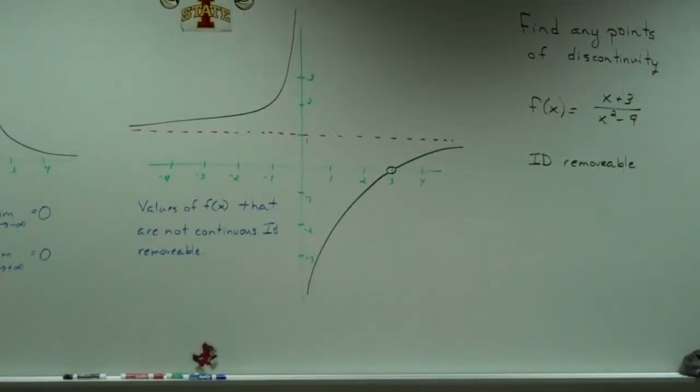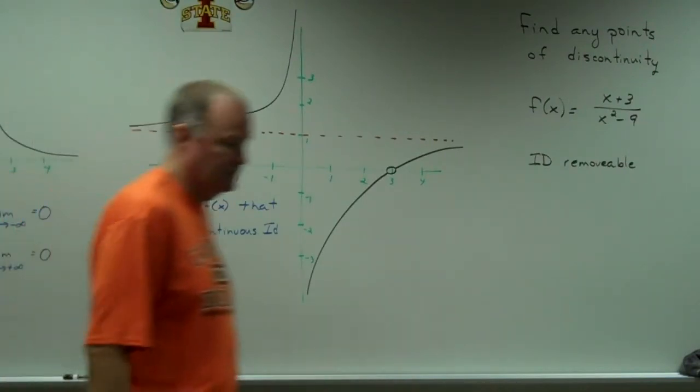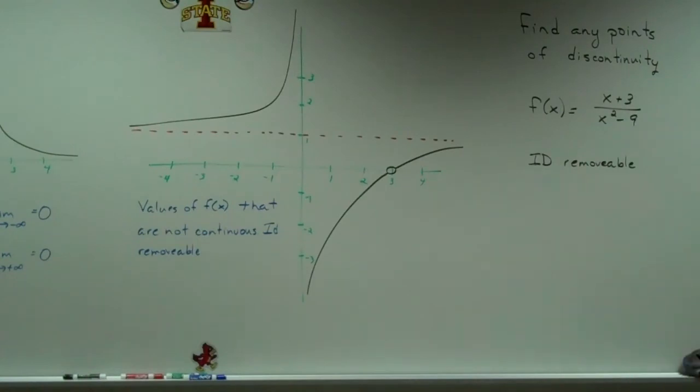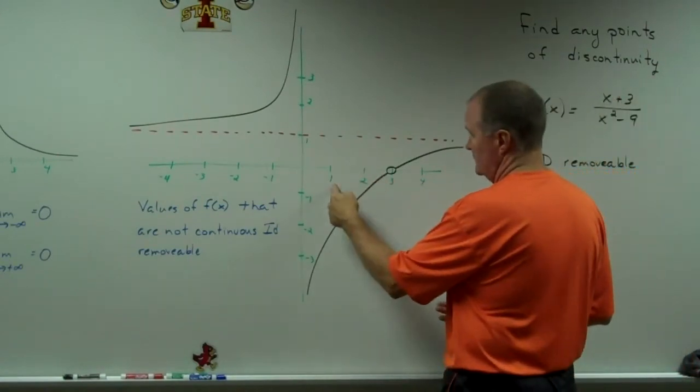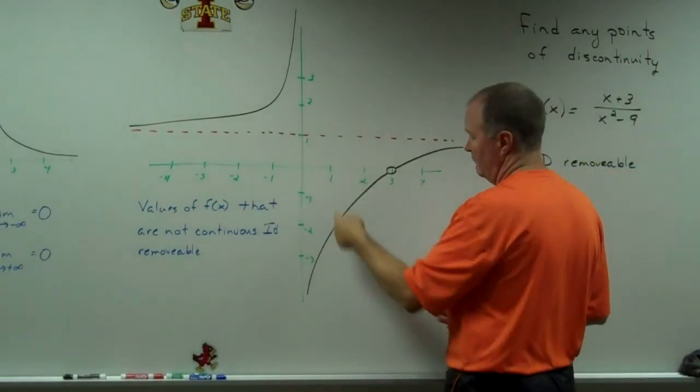Okay. Looks like limit stuff, but it's a continuity question. All I'm asking is are there any values of f of x that are not continuous? Any x's that blow this up? 1. That blows it up? Or the y value.